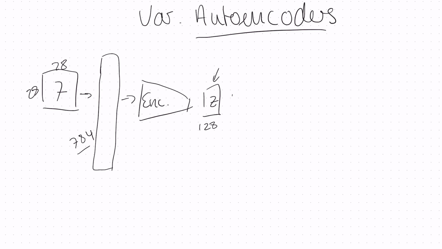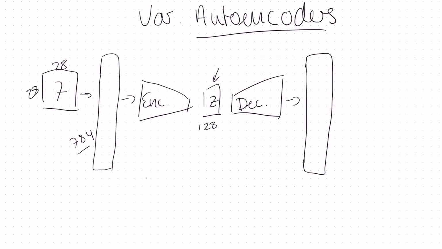Afterwards, this latent vector goes through the decoder block, and the decoder block outputs another vector which has the same shape as the input vector, which is 784. And if we reshape this into 28 by 28, then if the autoencoder was trained correctly, this will output the original image back to us.